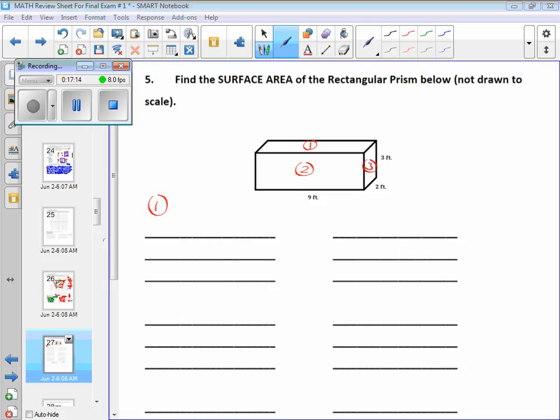Let's just plug in our numbers. For rectangle 1, what was the base? Joe, what's the height? And if it helps you, put everything in so you can see it. The height's 3.